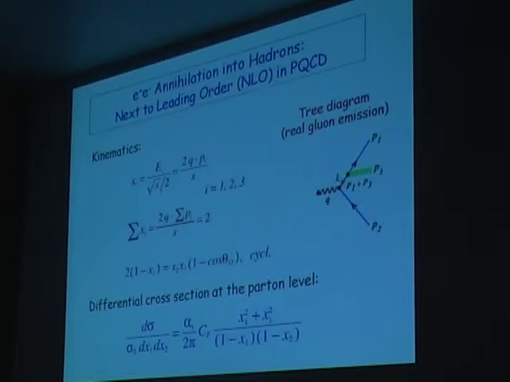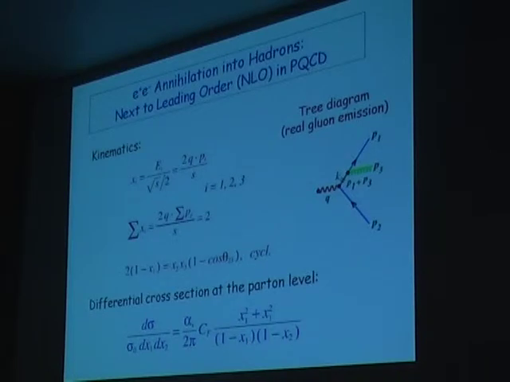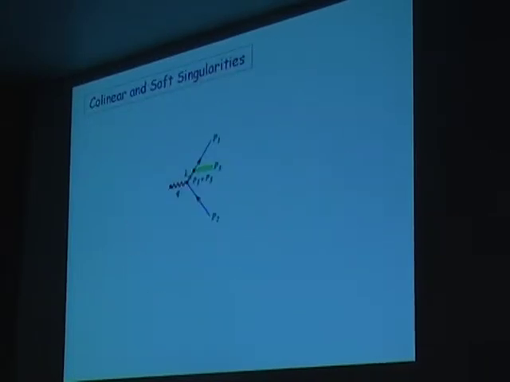This is totally finite and well-behaved. Well, except, as you notice, what if x1 goes close to 1, or x2 close to 1, or x3 close to 1, because you can rewrite this. In all of those cases, this will diverge. When you try to get the total cross-section by integrating this, you have to go near these points, and you will get into trouble.